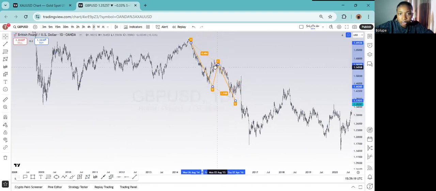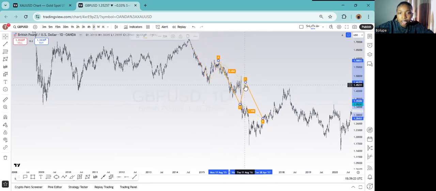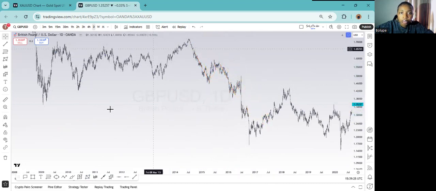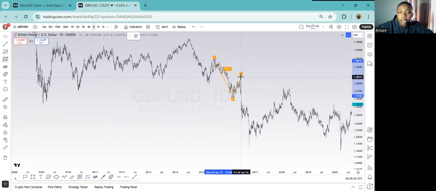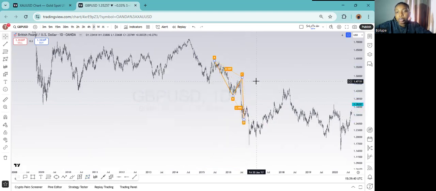This is a structure. Then the next cycle of the structure will have C become A now: lower high, lower low, lower high, lower low.